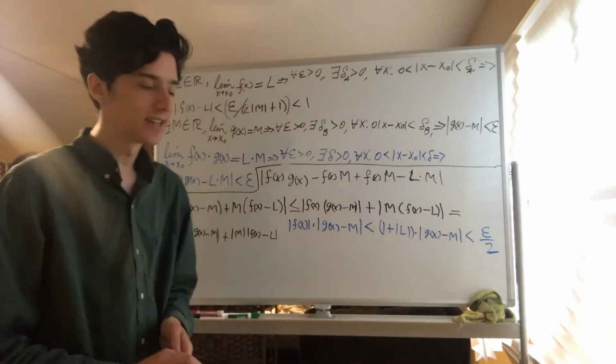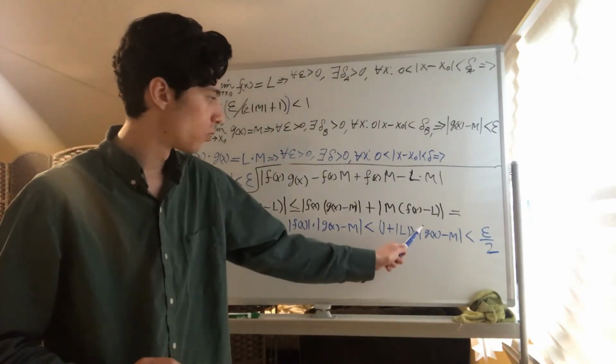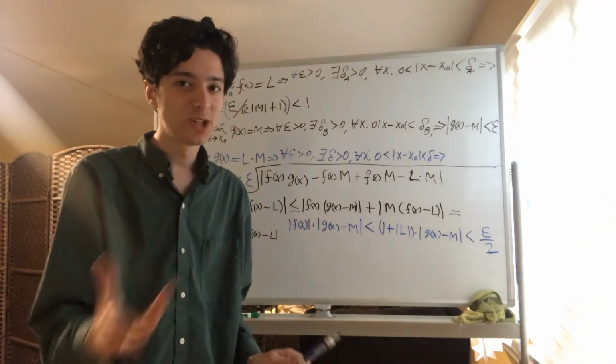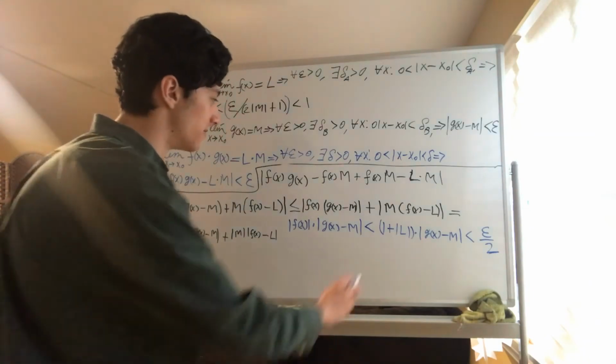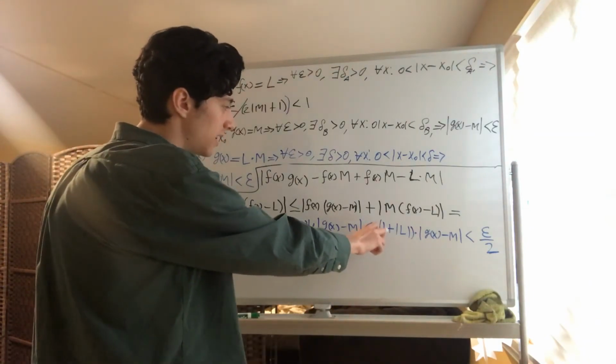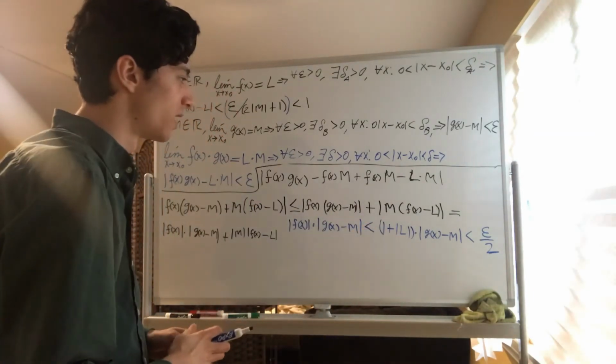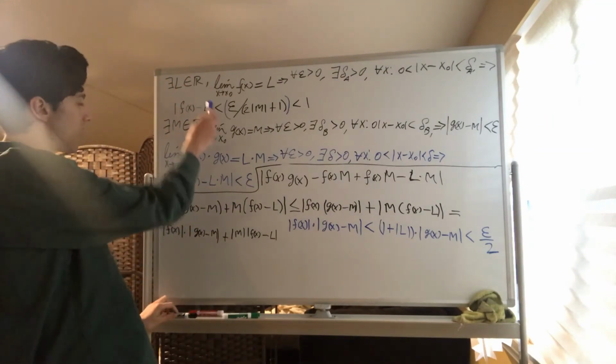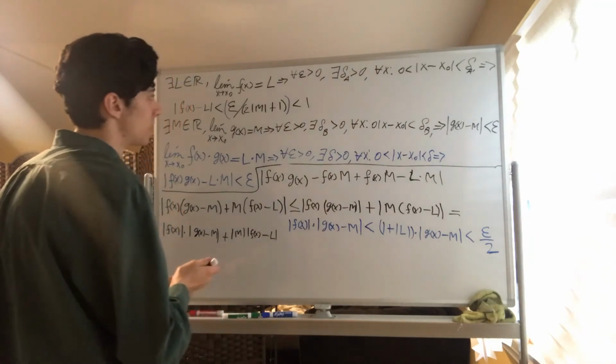So now, right, we can isolate for our |g(x) - m|. And simply to do that, all we have to do is divide by this 1 plus absolute value of L. Which means, and I'll write this up here next to our |f(x) - L|, right?